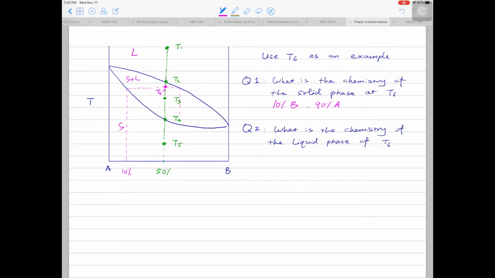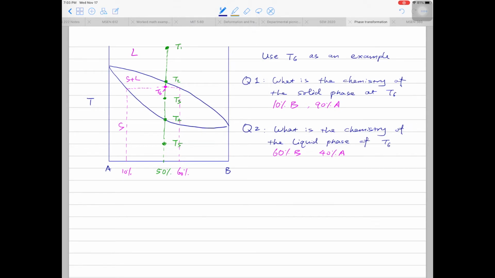Again, you draw a horizontal line, but this time it crosses the liquidus line, and you can read the composition, which is 60% B. So what we have here for the liquid phase is 60% B and 40% A. You can see that in both cases, the liquid phase and the solid phase, they don't have the nominal composition.